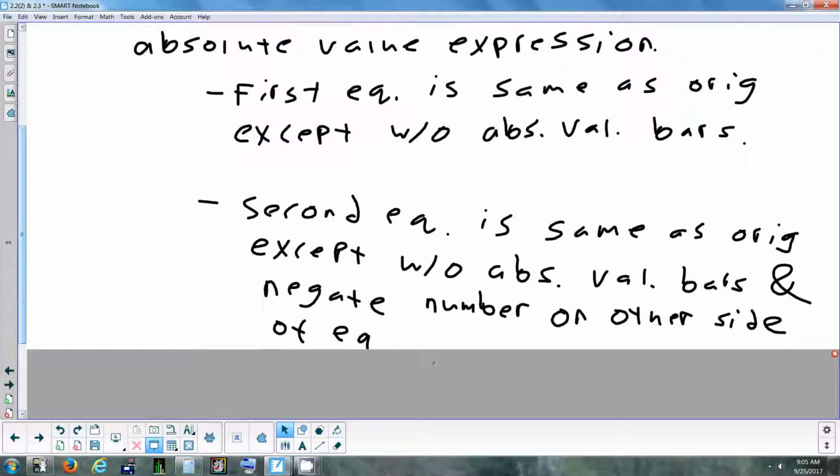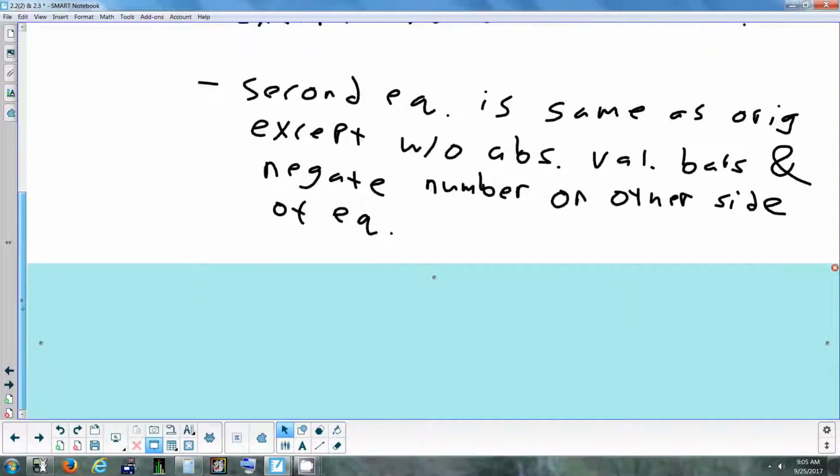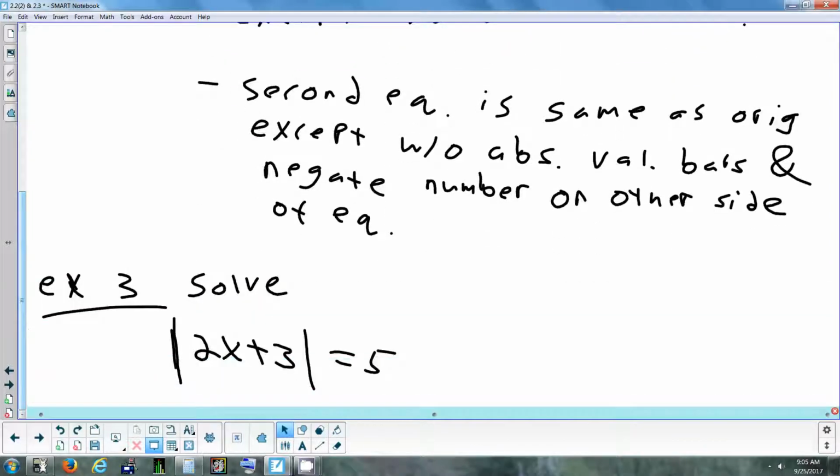Okay, so we'll go through an example and take an equation, split it, and then solve it. An absolute value problem is kind of like you're doing 2 problems at the same time. First thing I'm going to do is look at that and ask, is the absolute value expression by itself on one side? Abby? Yes, it is by itself.